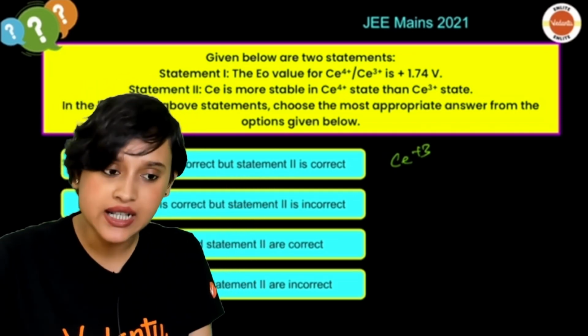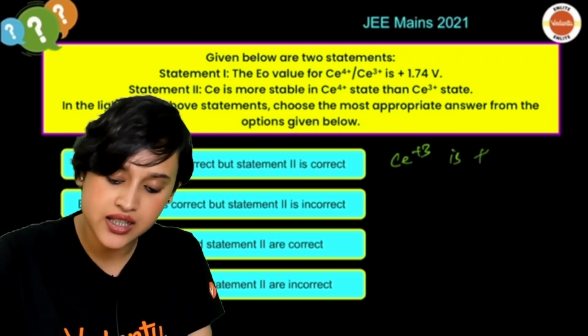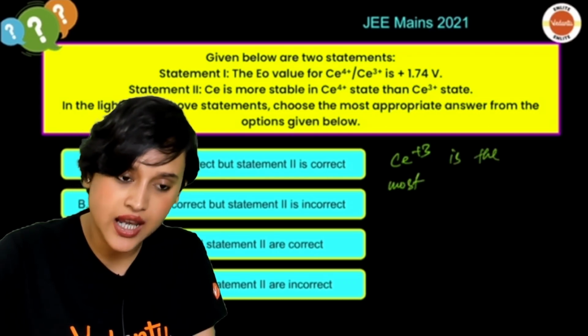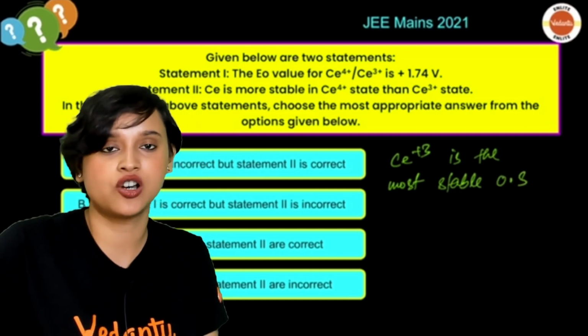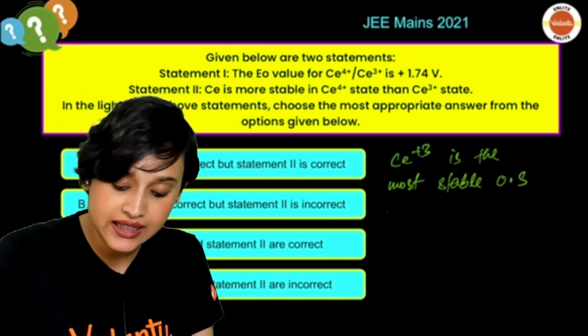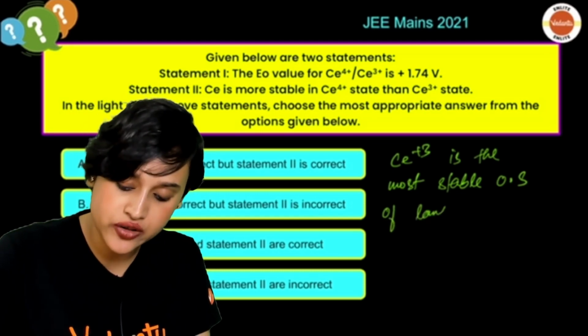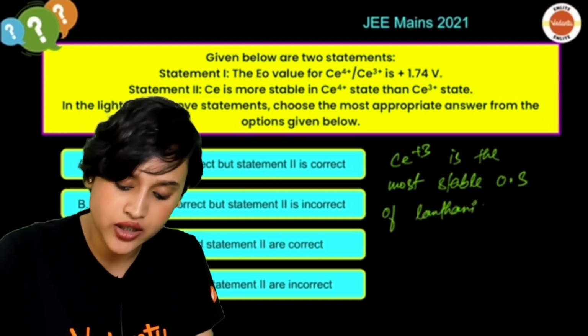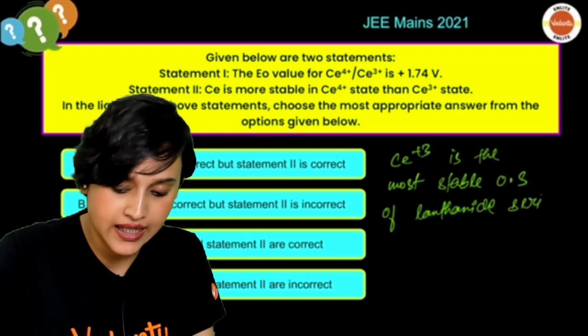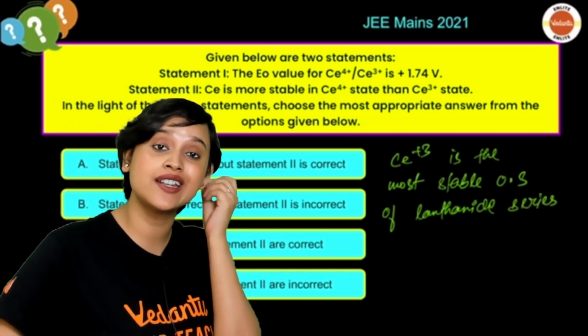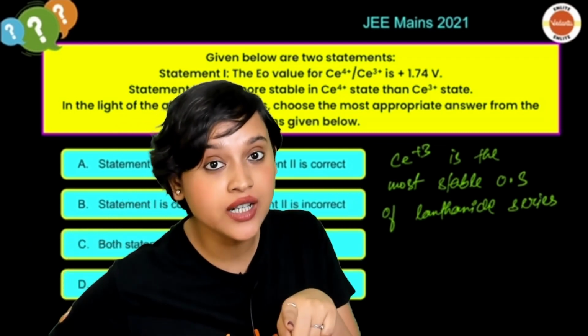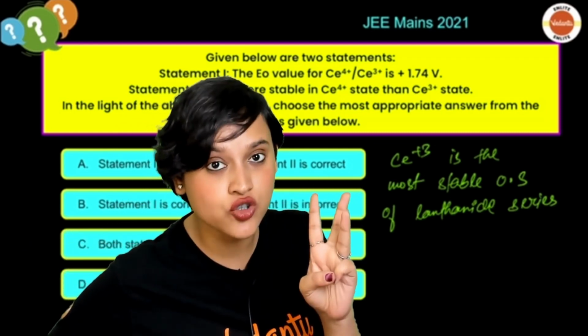Now you have to understand that Ce+3 is actually the most stable oxidation state of the lanthanide series. It comes in the f block, but you will be learning about it, don't worry. Lanthanide series elements have +3 as the most common oxidation state, just like how d block elements have +2 as the most common oxidation state.